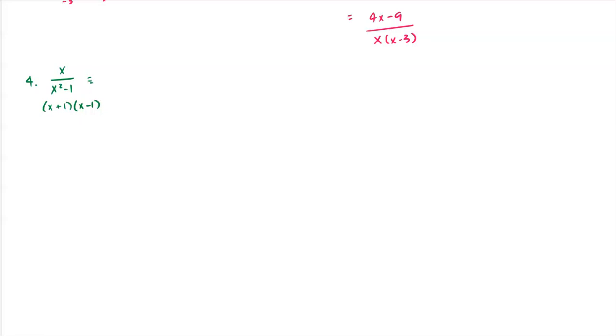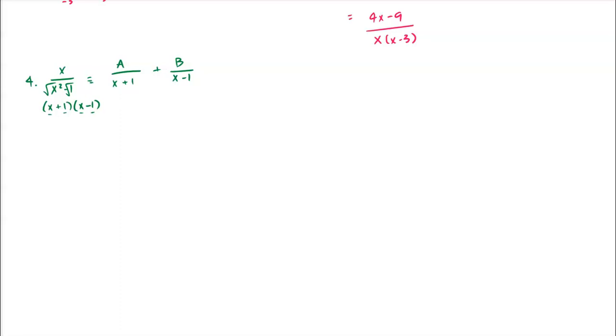Okay, so we have a over (x plus 1) plus b over (x minus 1). And how do I factor perfect squares? You take the square root of this, the square root of that. That's x and 1, x and 1, and it's always going to be a plus and a minus, right?